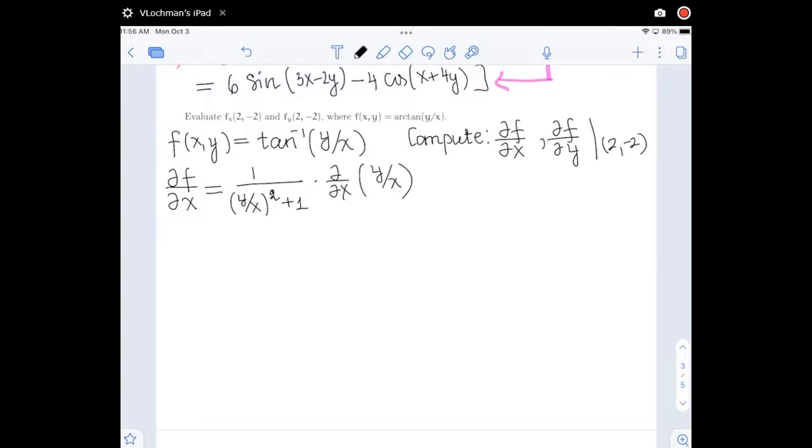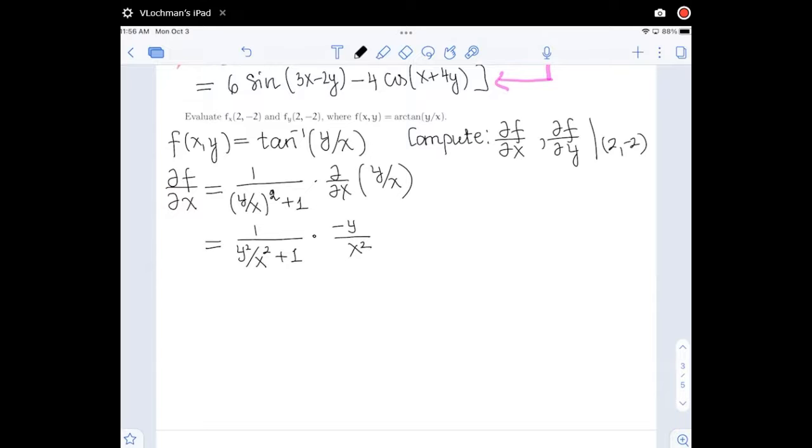So now what is the derivative of y over x? Let me go ahead and work this one out. So this is y squared over x squared plus 1. The derivative of y over x with respect to x would be negative y over x squared.